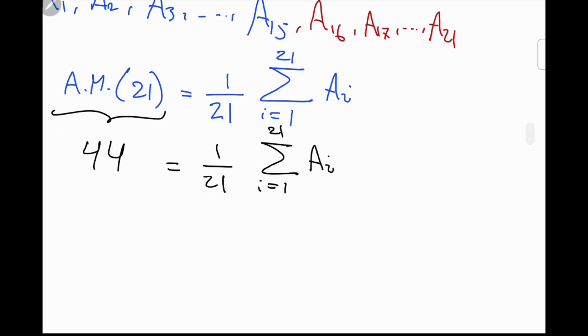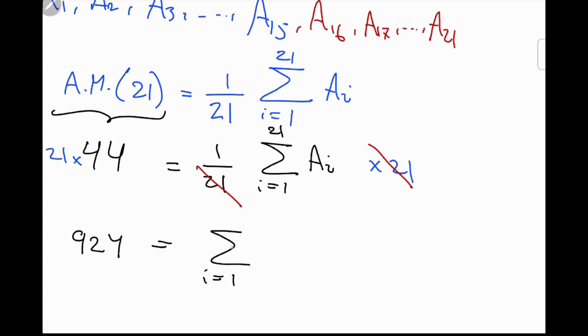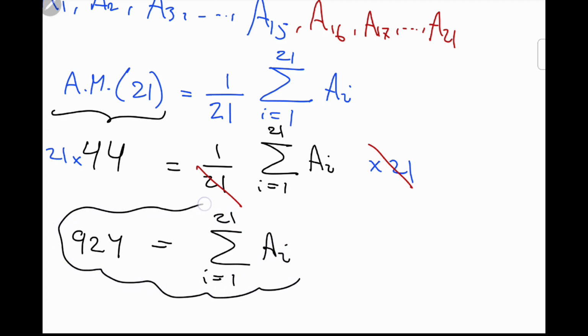So we can multiply both sides by 21, and in this case we can get rid of the 21 with 21, and then we will have that 44 times 21, which is 924, equals the sum of I equal to 1 to 21 of AI. So that's another thing we need.